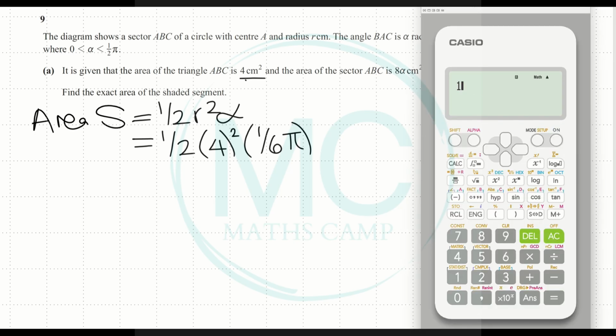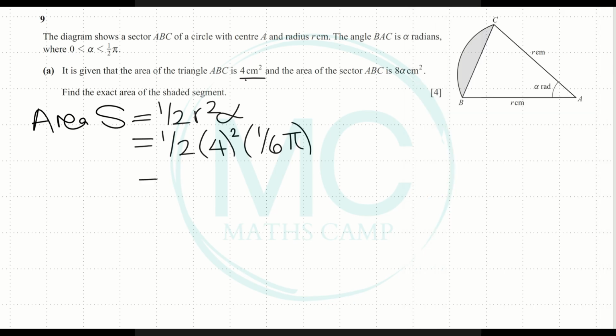So we can say 1 over 2 multiplied by 4 squared multiplied by 1 over 6 pi is equal to 4 over 3 pi.